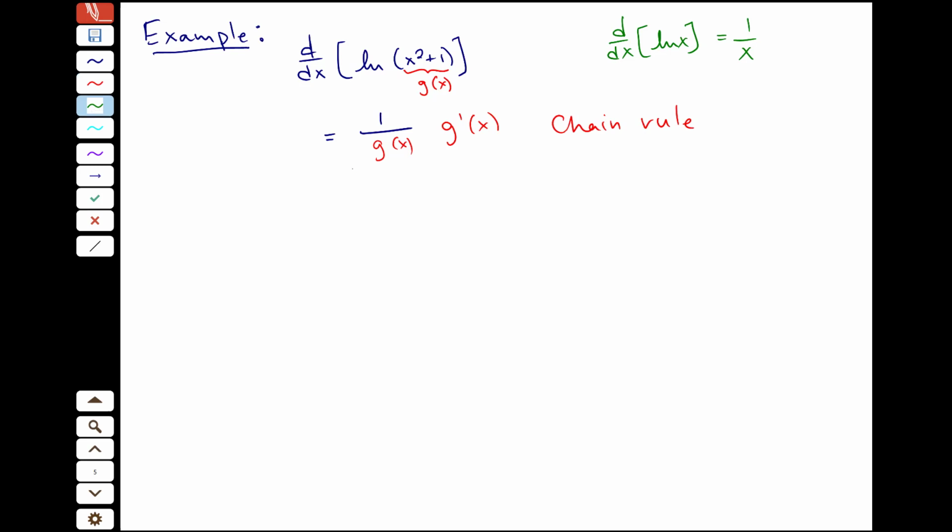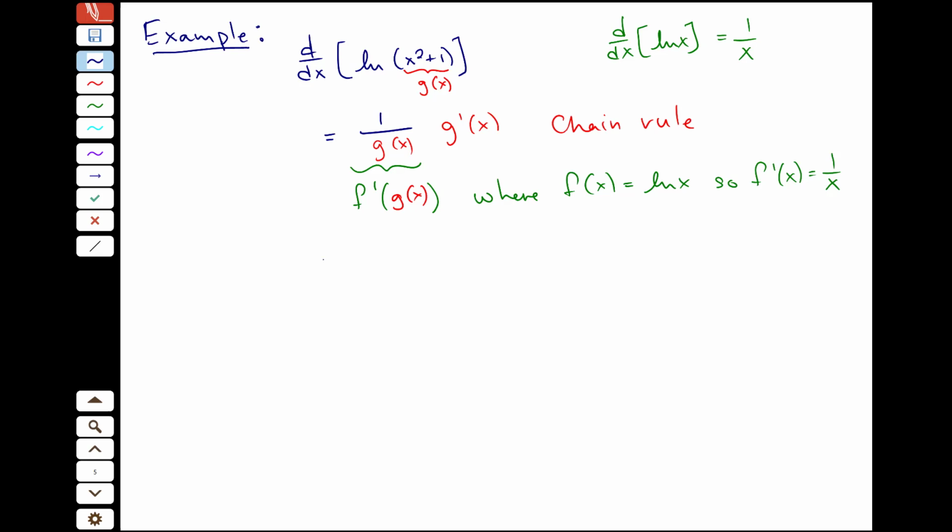So here, this expression is f prime of g of x, where f of x is the natural log of x, so f prime of x is 1 over x. This is kind of hard to see the first few times that you do this, but once you get used to it, it's not so bad.